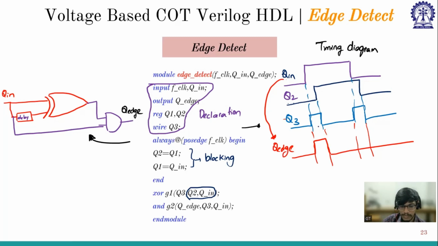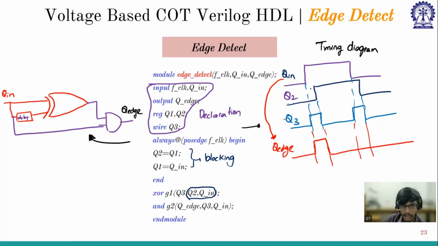Sir, actually, first Q2 equal to Q1 will happen at the first positive edge. And again, Q1 equal to Q in will happen at the second positive edge. And then at the third edge, Q2 will become Q in. So that will decide this delay. So actually 3 clock pulses. Yes.